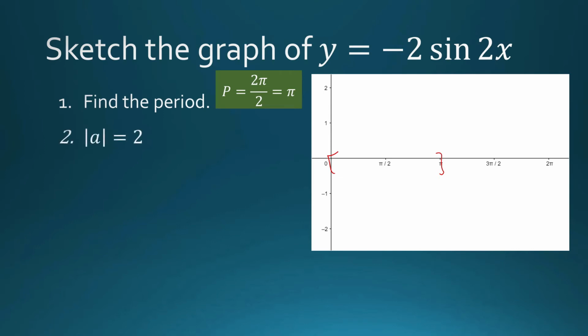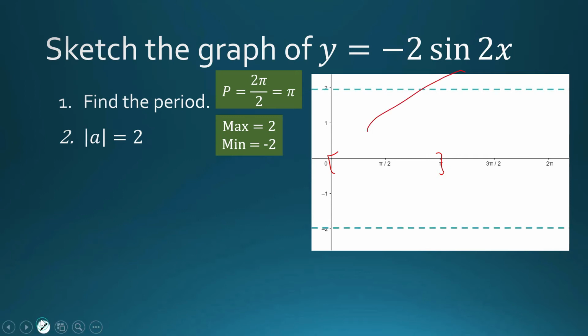Now, what is the amplitude? It's equal to 2. And right away, that is telling you something. The maximum value of your function is 2, and the minimum value is negative 2. So we know that your curve will be confined within these two lines.